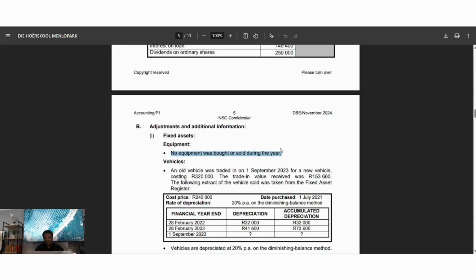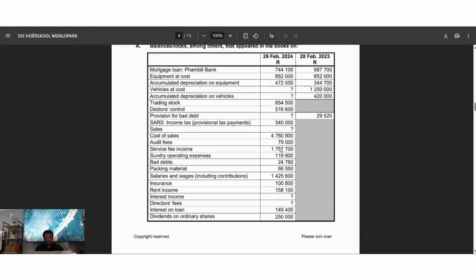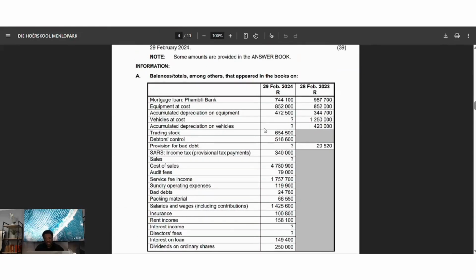Since we're given that, we can look at accumulated depreciation on equipment, and we just see that the balance between the beginning and the end of the year is the current year's depreciation. So we would say that it's 344,700, which you would subtract from 472,500.